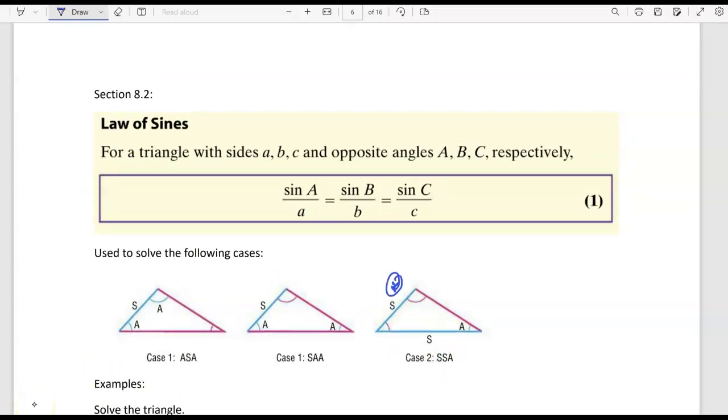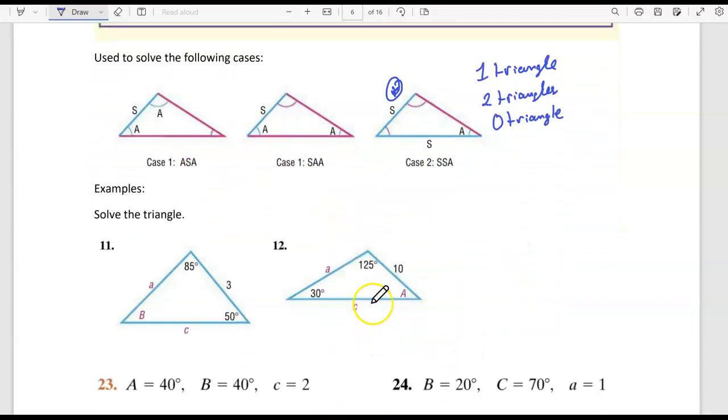So I'm going to put a star beside this one because this guy can actually result in one triangle, two triangles, or zero triangles. So in that case, we have to be careful, and we'll see an example of that in a little bit. So let's look at an example.